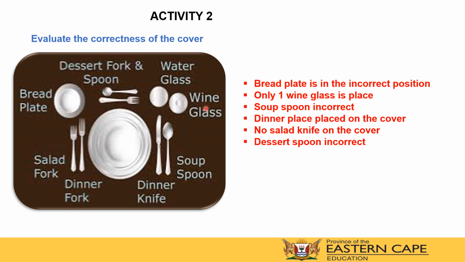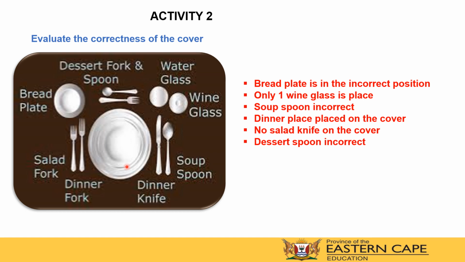Your soup spoon is incorrect. Luckily this cover is labeled. If you look at this soup spoon, we know that the soup spoon must be more rounded, and this looks more or less like a dessert spoon. Then the dinner plate is placed on the cover, and we know that because it's a 4-course meal, it will be plate service.